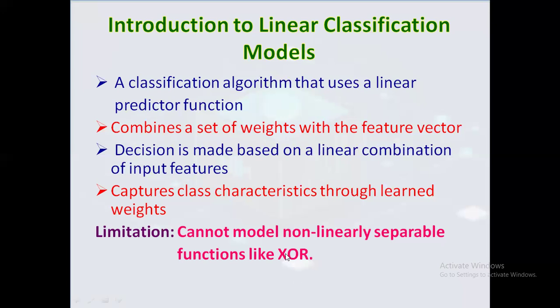But as far as the XOR gate is concerned, if you take a two-input XOR gate, with the input features 0 0, 0 1, 1 0, 1 1, the outputs for 0 0 and 1 1 are 0, and for 0 1 and 1 0 the output is 1. So if we want to separate these, we need more than one line for the separation.